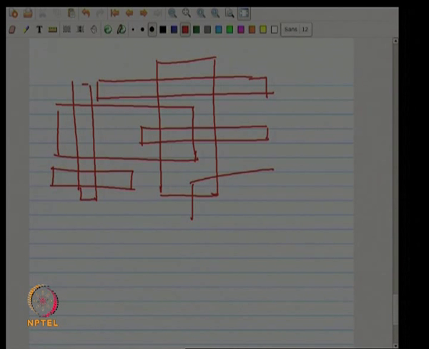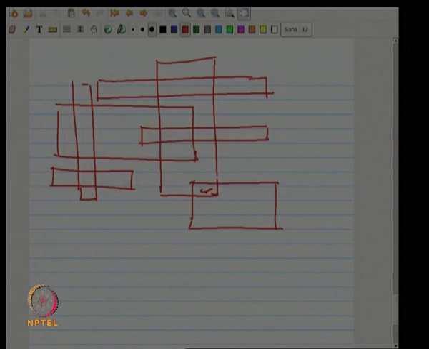Something of this kind. So this is meant to be orthogonal. Whenever these 2 rectangles intersect, actually there is some kind of connection, etc. So it really is a very complicated, huge circuit. Millions of transistors, millions of rectangles.